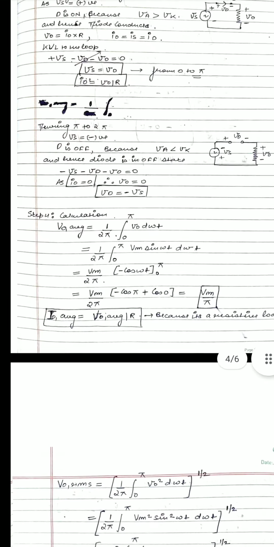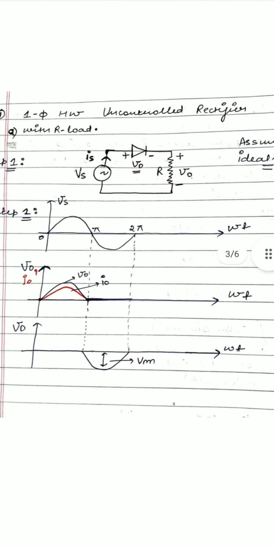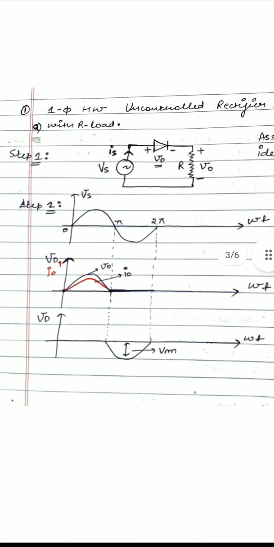So to find the V naught average, we will take the time period of 2 pi. I hope you all know the time period of this waveform is 2 pi. Every average quantity is represented with capital letters and every instantaneous value is represented with small letters.